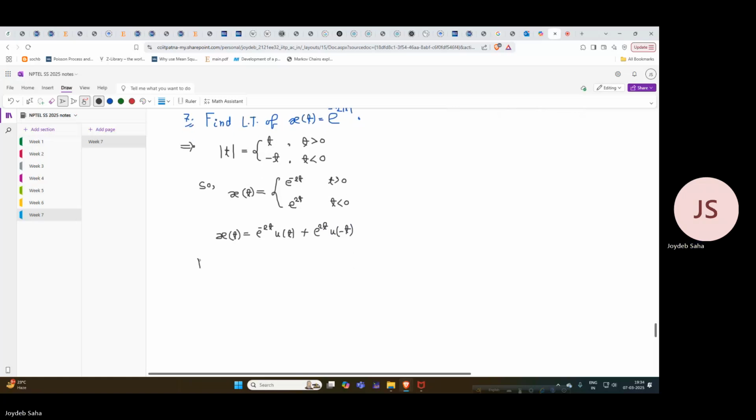Now we will individually calculate. Let us write x1(t) equal to e to the power minus 2t u(t), and x2(t) equal to e to the power 2t u of minus t.